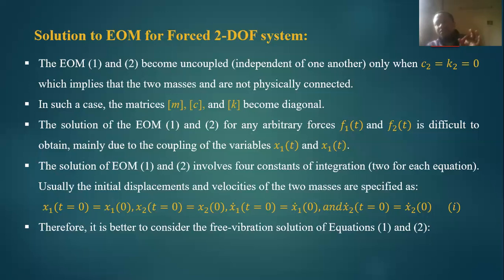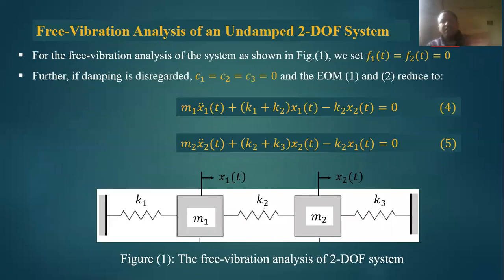Let's leave the forcing function case first and consider the free vibration analysis. In the case of free vibration, there is no external force. For example, we can take this example of free vibration analysis. There is no damper; we have only K1 and K2, M1 and M2, with x1, x2 given here, and K3 is here.